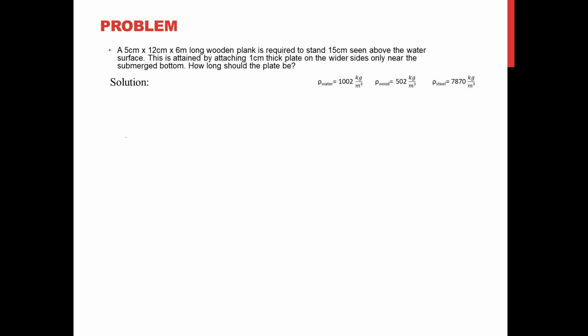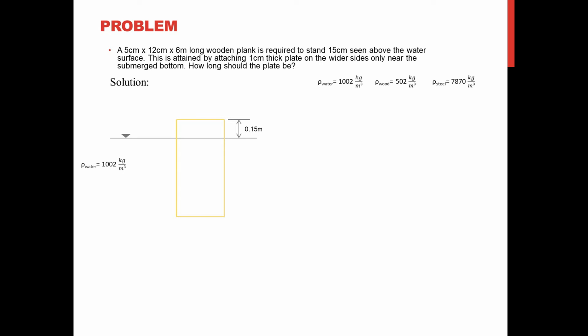So to illustrate that, let us have the water surface here, and then the water will be in terms of the density, 1002 kg per cubic meter. So we let this wooden plank stand in an upright position, wherein 15 cm is seen.